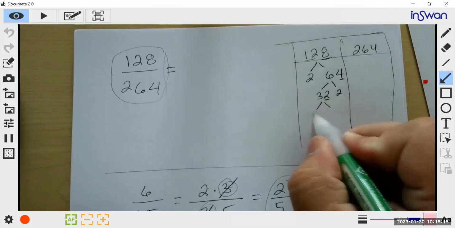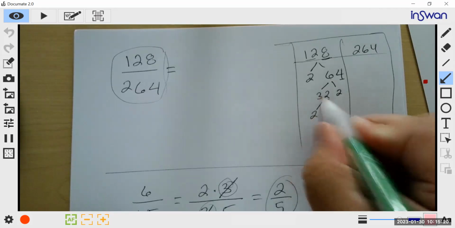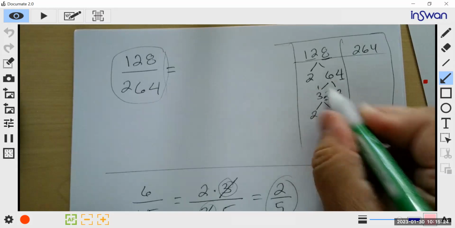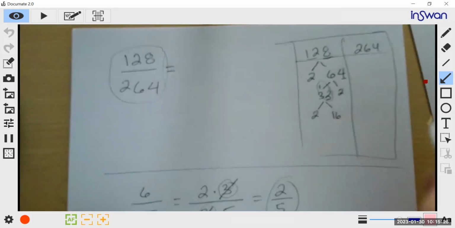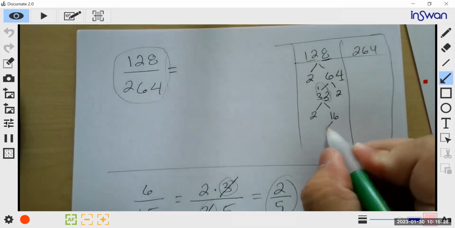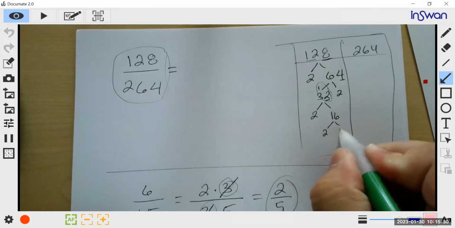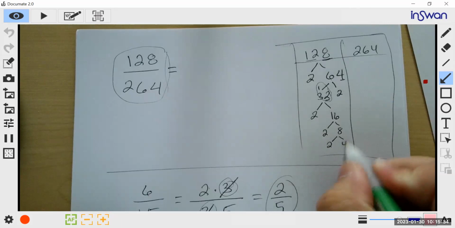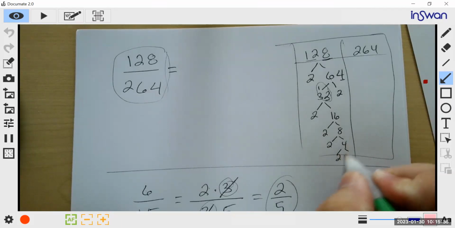Ends in an even number. 2 goes into 3 once with 1 left over. 2 goes into 12 6 times. 2 times 8. 2 times 4. 2 times 2.